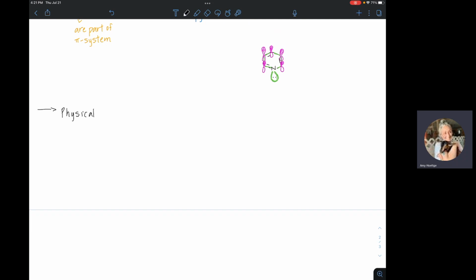Because isn't that part of what has to happen in a substitution or an elimination reaction? Your leaving group has to leave, and it needs to leave pretty easily. With alcohols and ethers, we can protonate the oxygen and encourage the leaving group to take off by making a weaker base. Not necessarily possible, right, for amines. Why is that? So we have to talk a little bit about the physical properties of amines, and I want to compare them to those other groups.